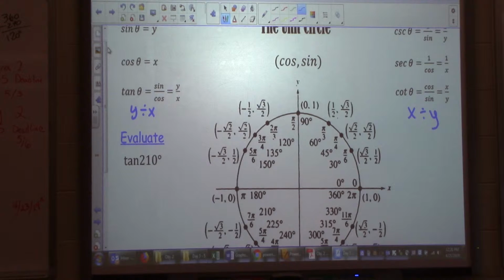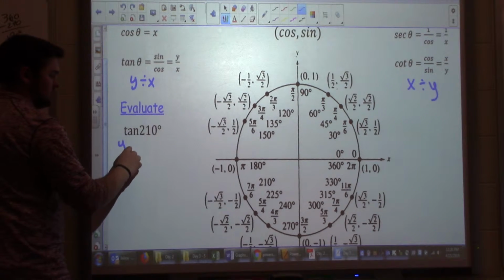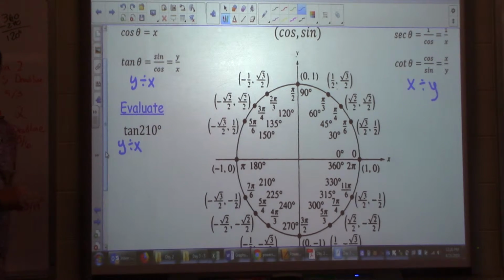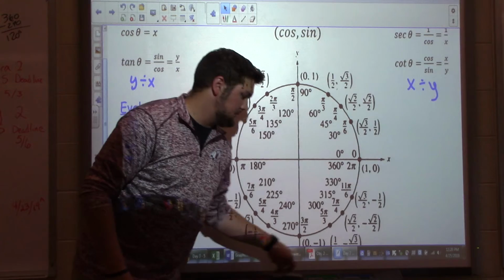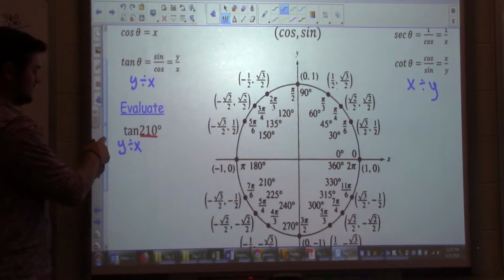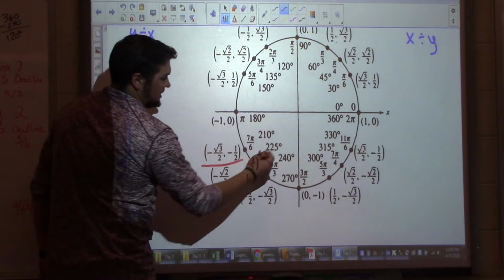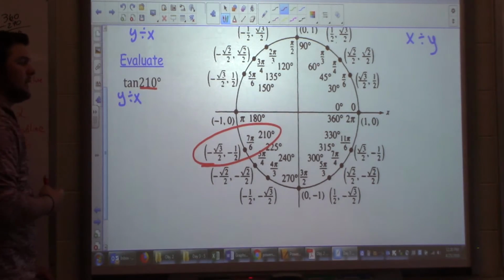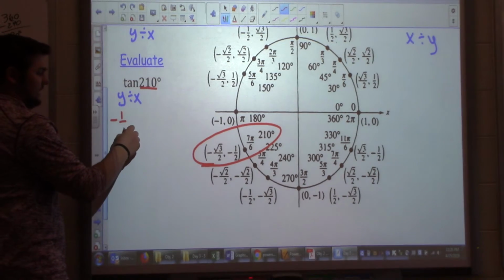Okay? So tangent, we said it was y divided by x. We all agree with that. We all see where that comes from. And I'm looking at 210 degrees. So here at 210 degrees, what is my y value? Negative 1/2.